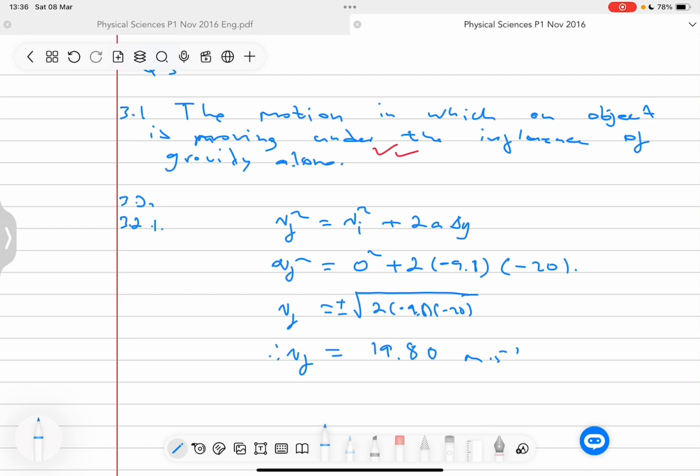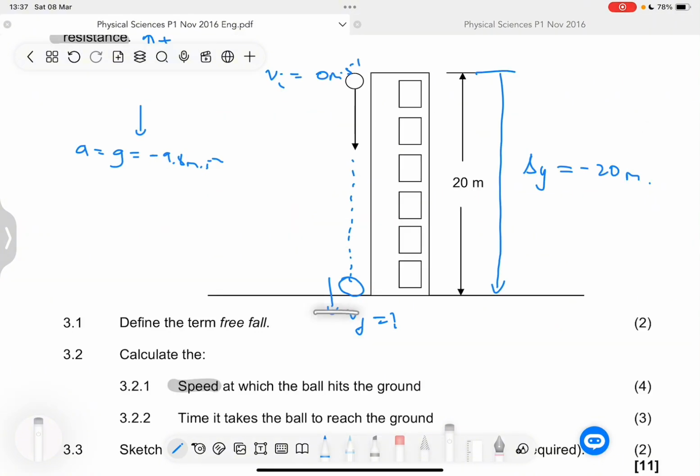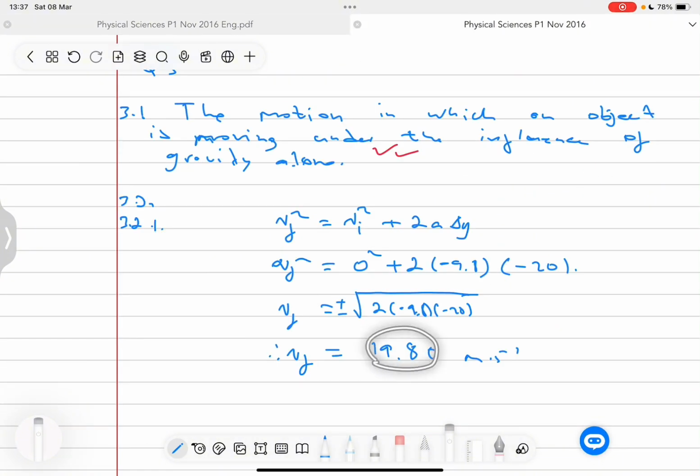Now, this is a second type of question that you will get in physical science or physics, which is a calculation problem. So when you have done a calculation problem, you have to look at your answer to see if there are no errors as well. If you calculated the correct variable, which is the final velocity here, so it's correct, and I've written the number and the SI unit as well.